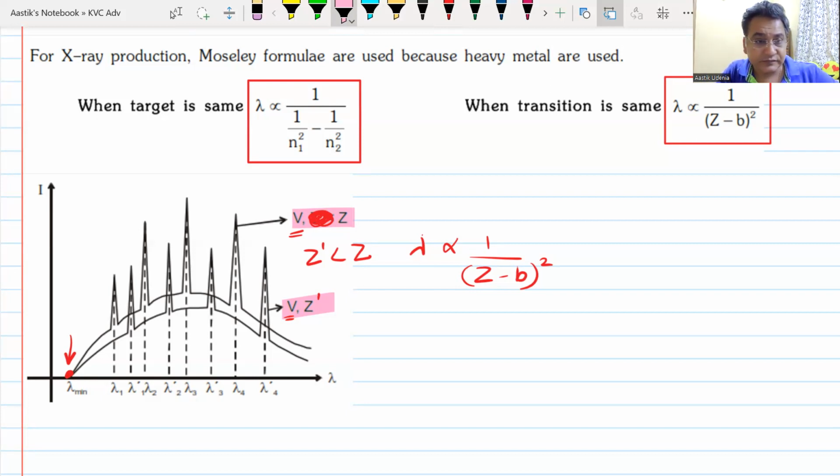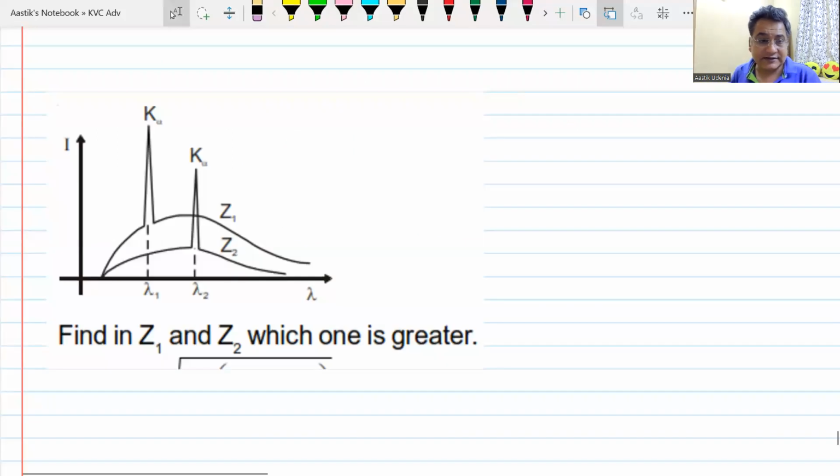Have you noted this down? Yes, sir. Then I can give you this question to wind off today's class. There are K alpha series of two metals given with atomic number Z1 and Z2. Their accelerating voltage is same. Which atomic number is more?